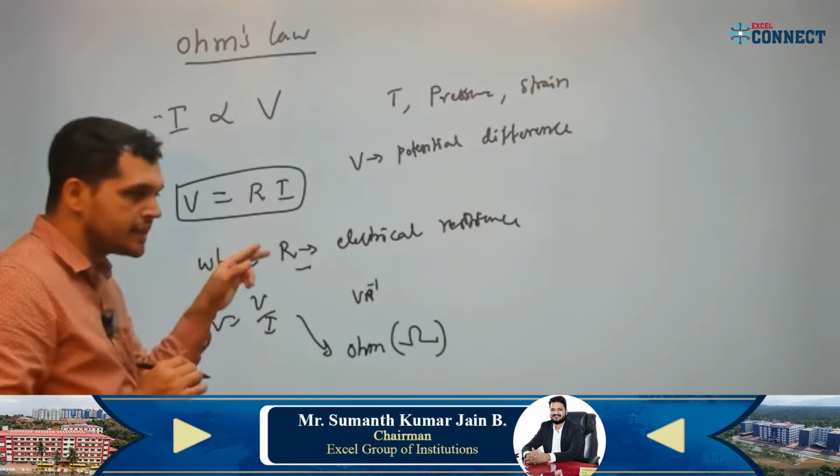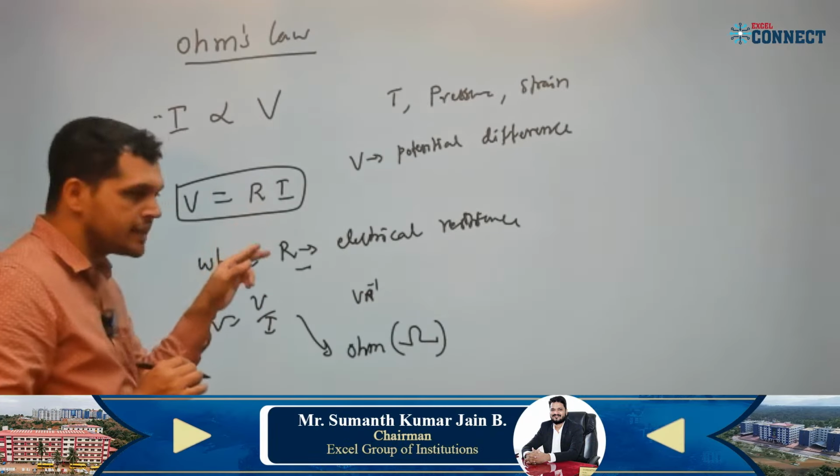And this electrical resistance of a given material depends on certain parameters. The value of resistance varies with the length of the conductor, or with the cross sectional area of the conductor, or with the temperature, or it depends on the material property.